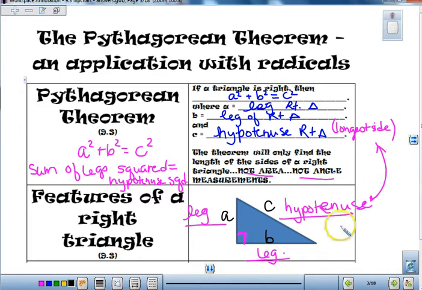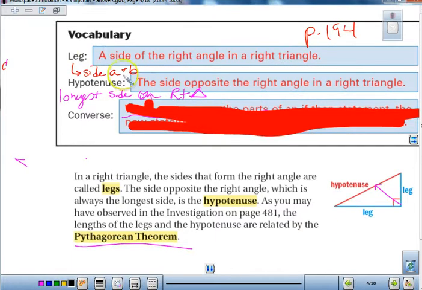So as you are looking at your notes, we are going to be filling in that next section. A leg is a side adjacent to the right angle of the right triangle. So A and B are legs because they're adjacent. The hypotenuse is always opposite the right angle of our right triangle, also the longest side.